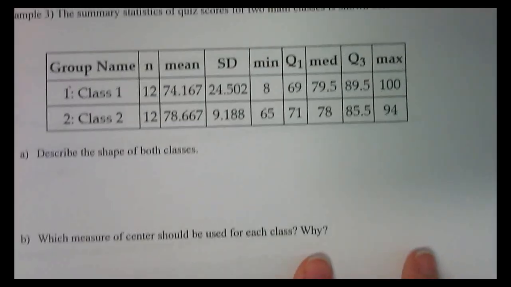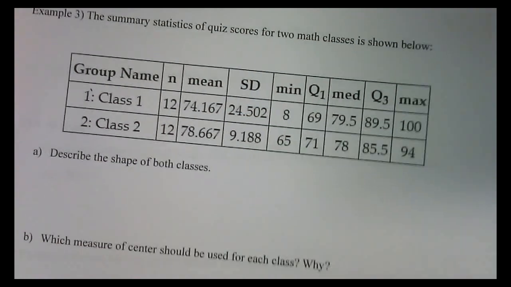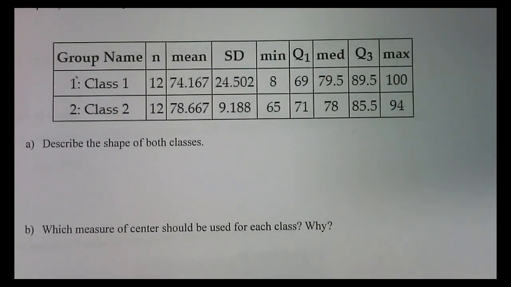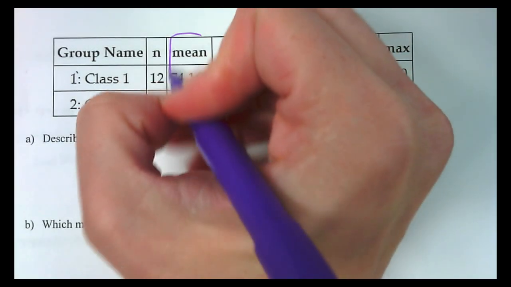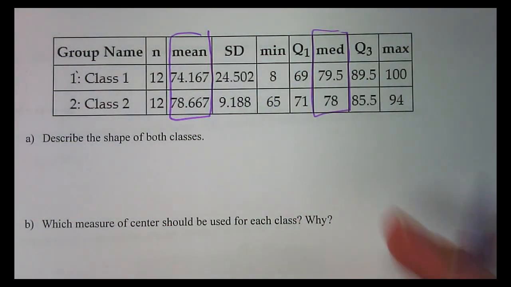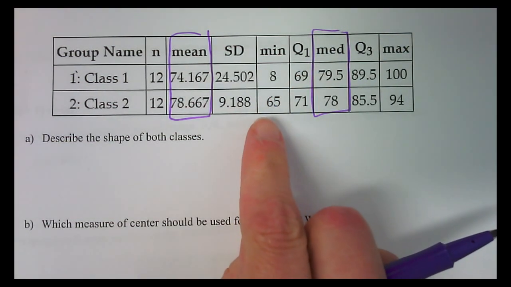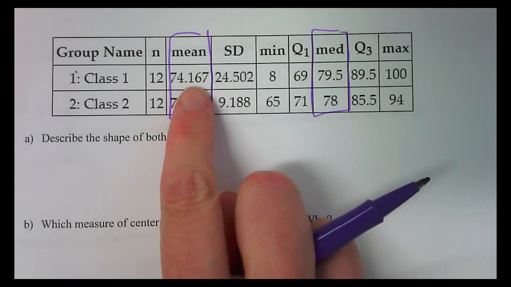Example 3 says the summary statistics of quiz scores for 2 math classes are shown below. Describe the shape of both classes. So yesterday we learned that in order to describe the shape, we needed to look at the mean and the median and see if they were exactly the same or very close to the same, or if they were different.